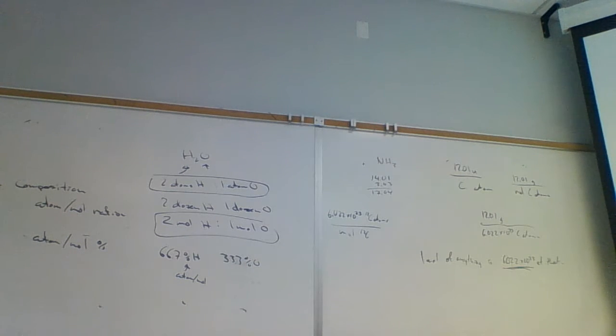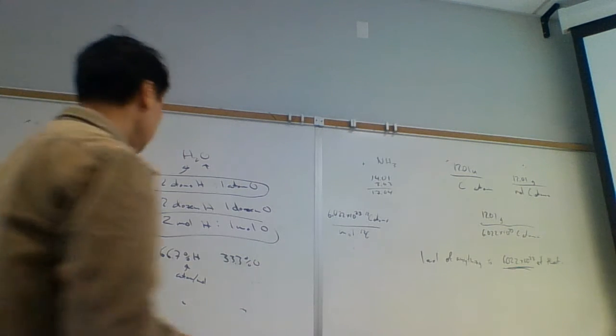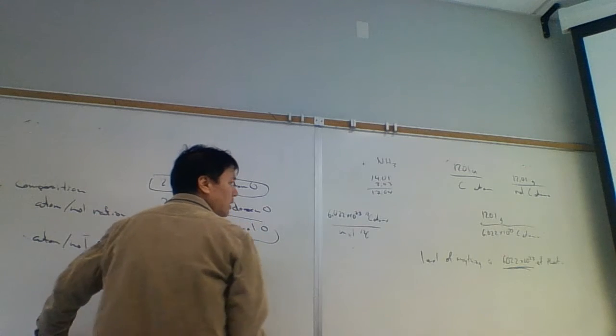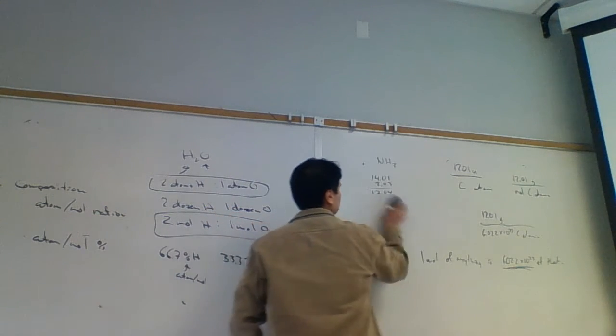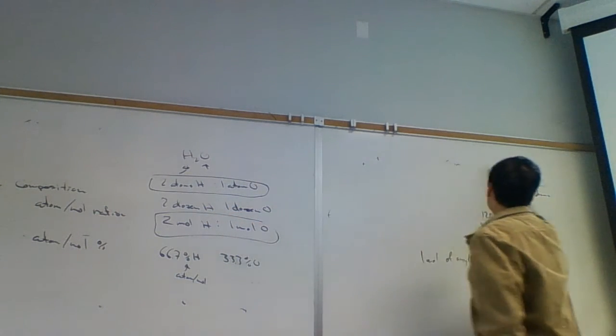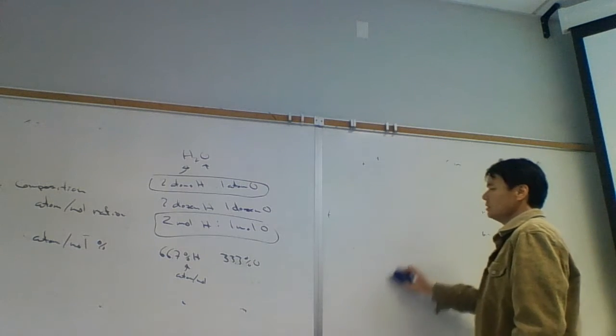I have 2 moles of hydrogen and 1 mole of oxygen. 2 moles of hydrogen weighs how much? 2.02 grams or 2.016 grams. 1 mole of oxygen weighs 16 grams. So if I have 1 mole of water, that's 18.02 grams. Out of that 18.02 grams, 2.016 grams of hydrogen.